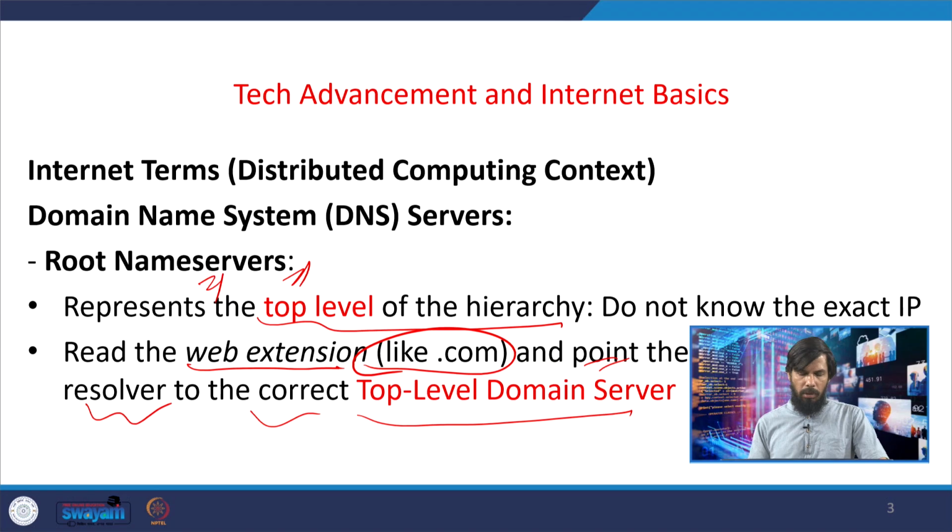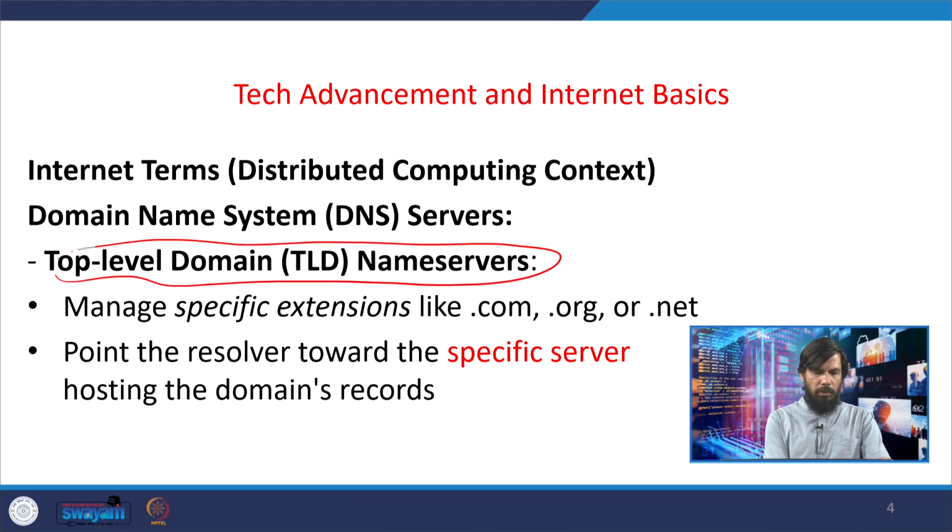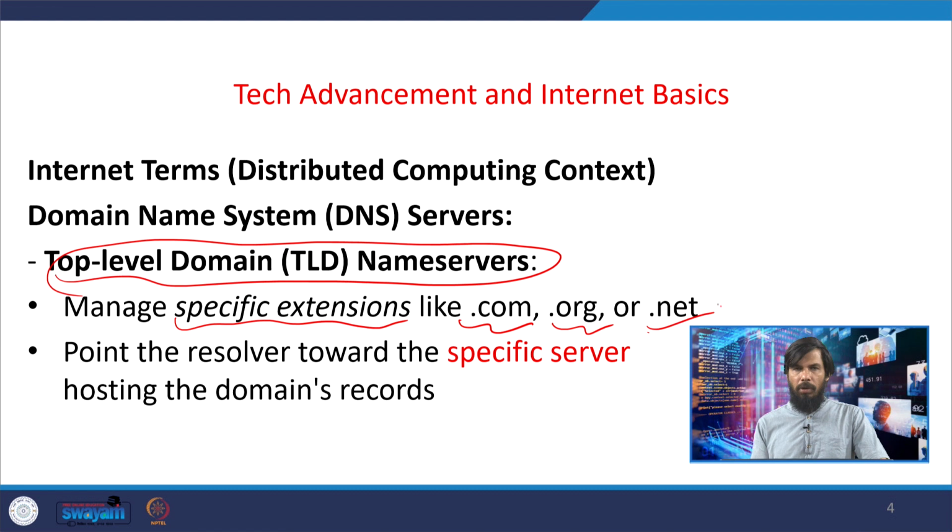So, next step would be that with the help of the root name server, the DNS resolver now knows which top level domain servers it should query next, and then we come to the top level domain name servers or TLD name servers. So, these servers manage specific extensions like .com, .org or .net.